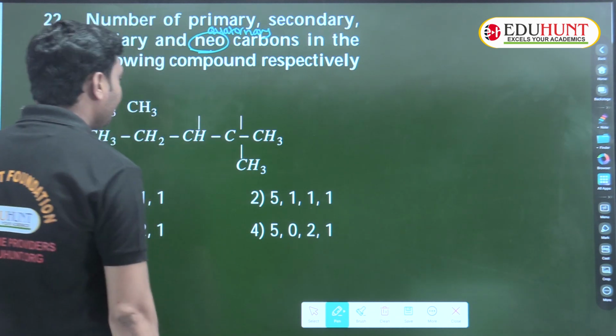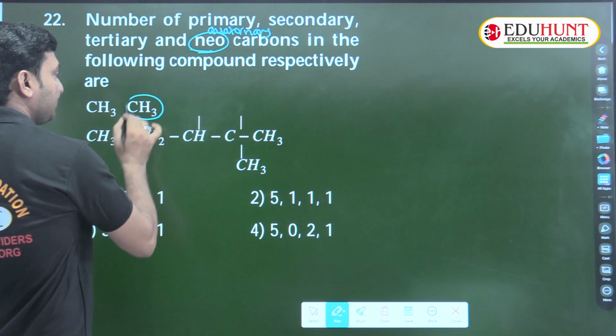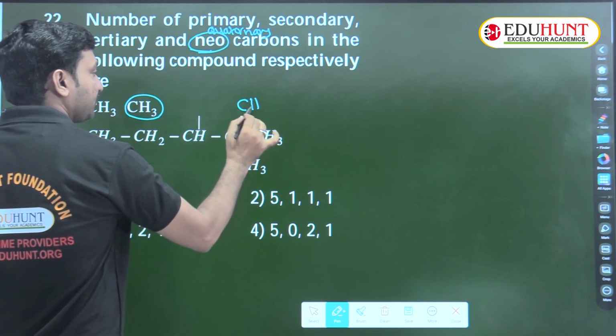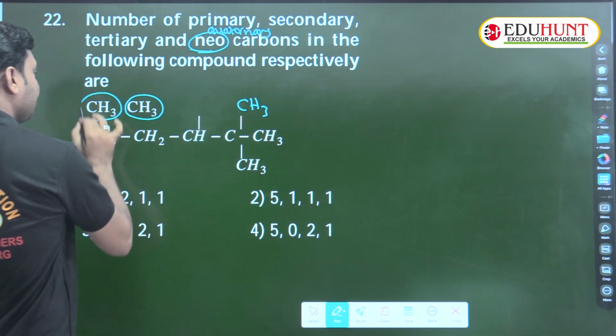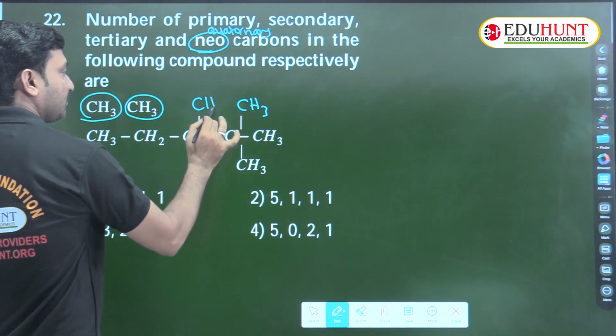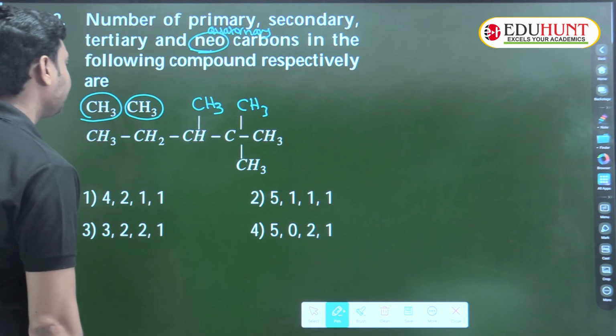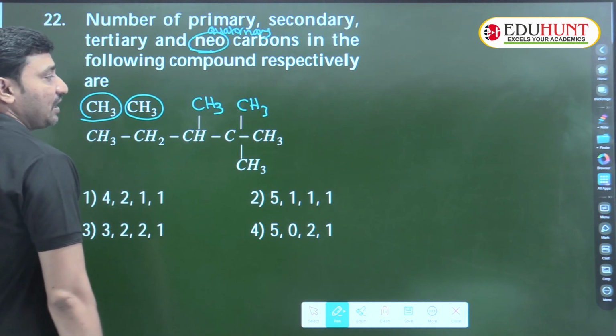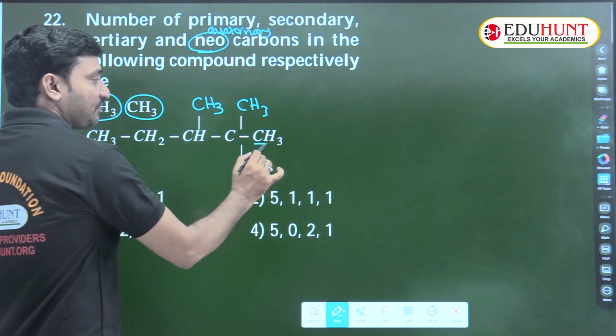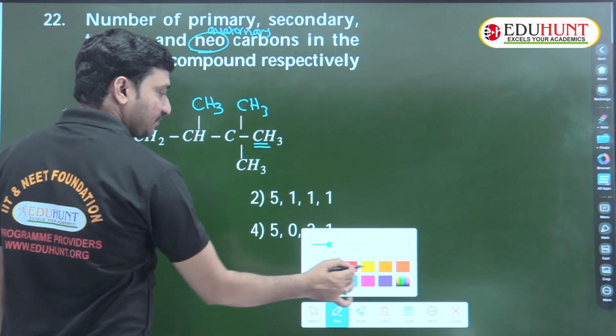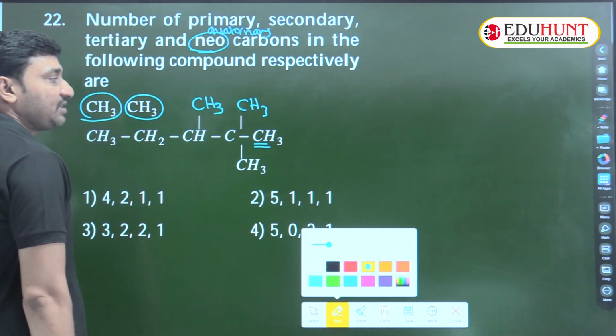Here this is the molecule given. Actually this methyl, here methyl and this methyl, mistakenly printed, right? Now if you go with this carbon atom, you know that carbon atom is a primary carbon atom, right? Why primary?